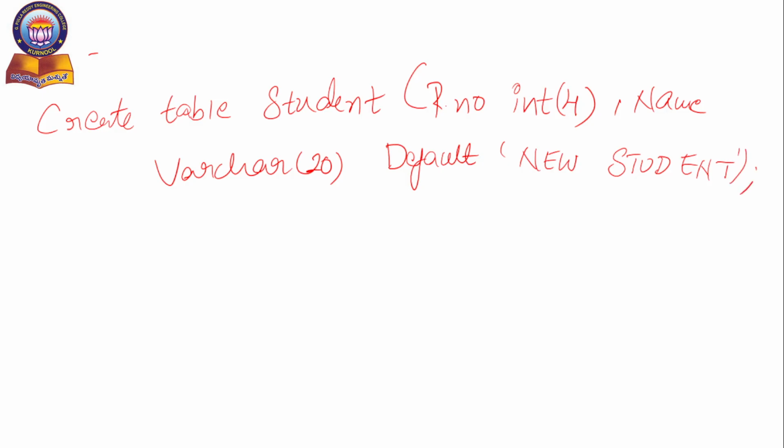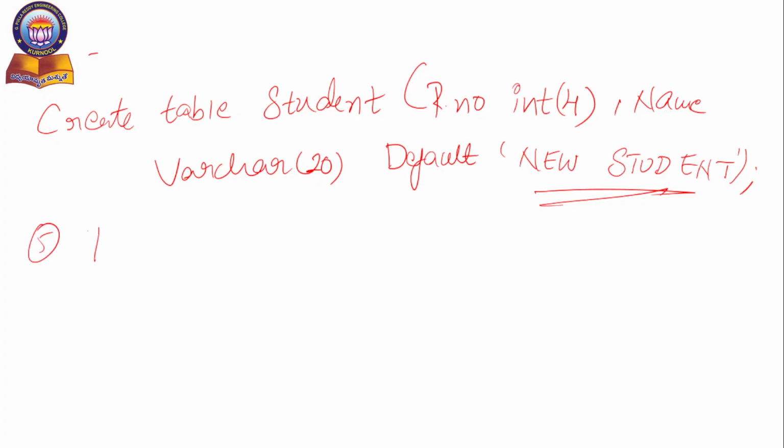Suppose in a real-time student table, in any column a value is not given and not displayed, at that time we will use the default constraint, because automatically it fulfills the new student.